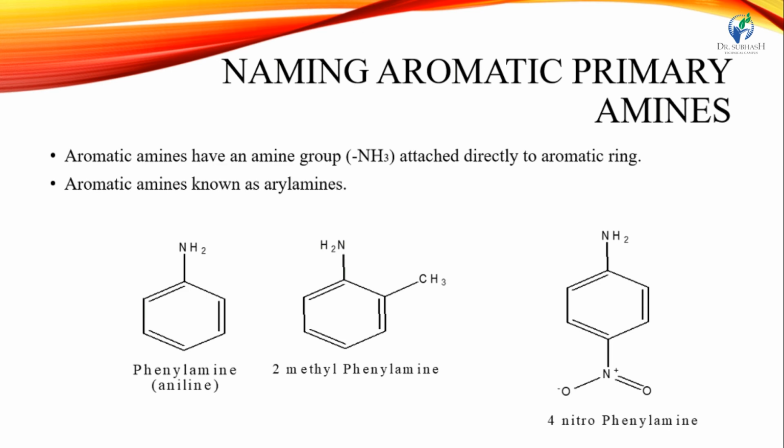We take one ring structure and directly attach the NH2 amine group; that's called an aromatic primary amine. Aromatic amines are also known as aryl amines. Examples are aniline, phenylamine, 2-methylphenylamine, and 4-nitrophenylamine. These are all examples of primary aromatic amines.